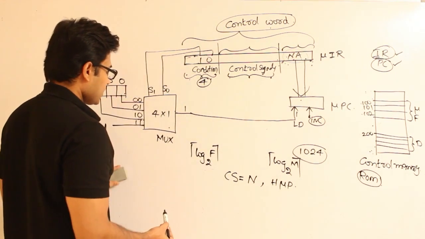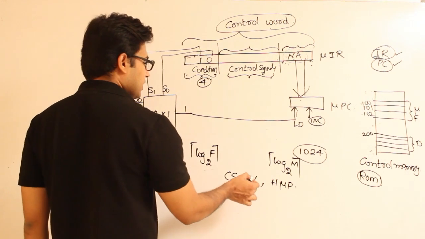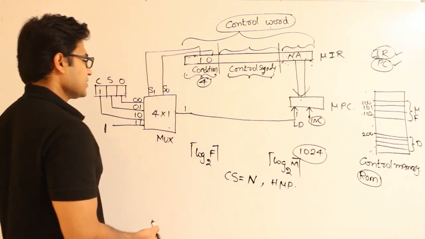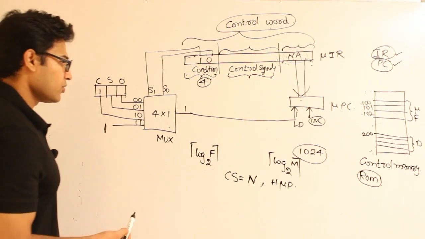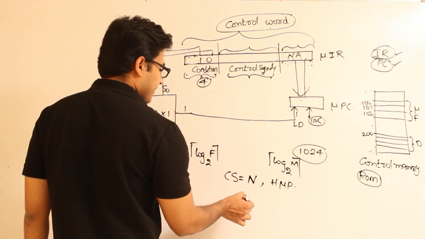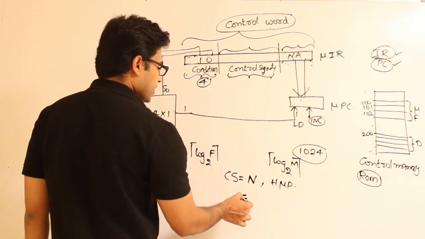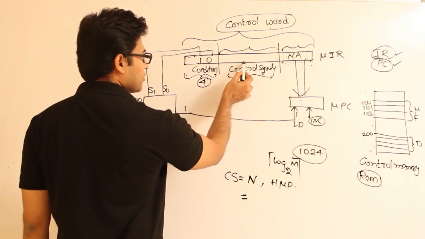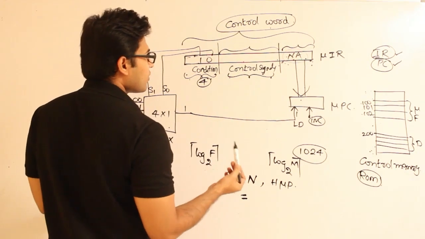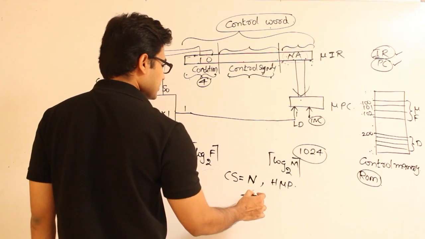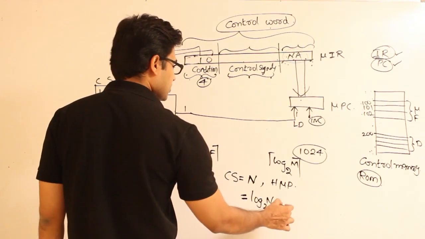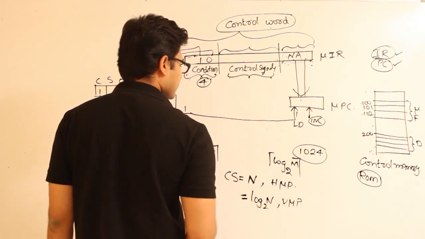And what if at any time we need only one out of these N control signals, which means if I go with vertical microprogramming, then anyway I'm going to use a decoder, right? A decoder, which will take this control signal part and decode it and generate only one of the signals. So in that case, I need log N base 2 bits in case of vertical microprogramming, right?